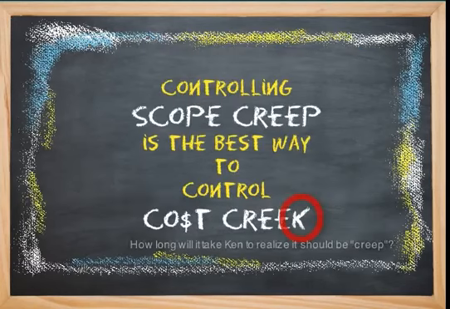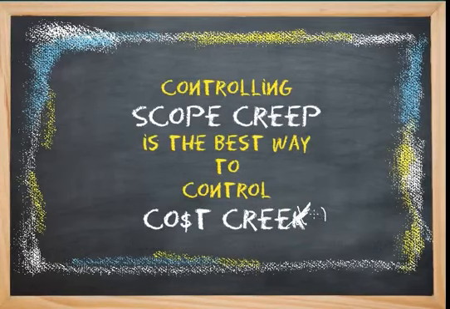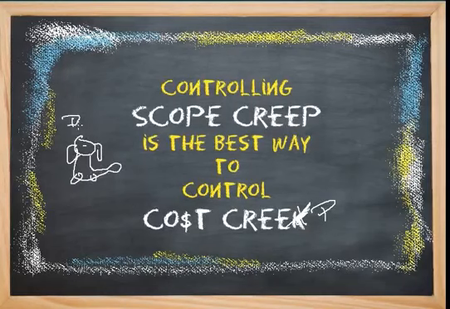Controlling scope creep is by far the best way to control cost creep. And you can see that this is not a creek, it's actually creep. How do you handle the situation when the product owner requests unplanned features midway through a project life cycle? The answer I like to use is, and I'm going to draw this, you've got a dog, that's the ears and tail, paws, dog, which represents a feature request, and you have a dog house.